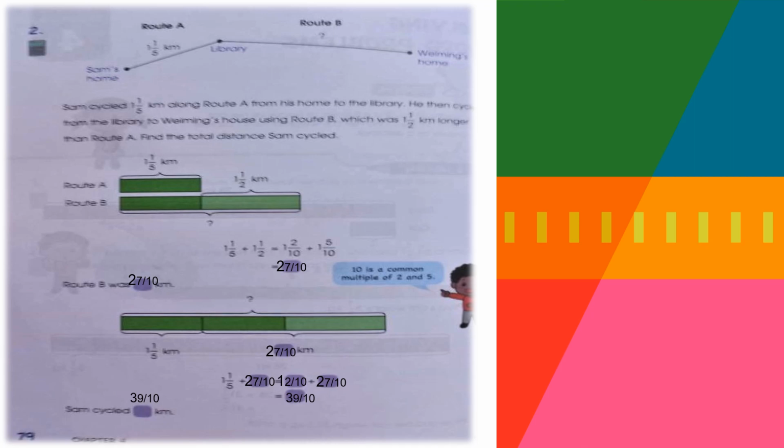So we have converted 1 whole number 1 over 5 into 1 whole number 2 over 10, and then added it to the 2 whole number 7 over 10. So we have 1 plus 2 is equal to 3, and 2 plus 7 is 9 over 10, which is the total distance Sam cycled in kilometers.